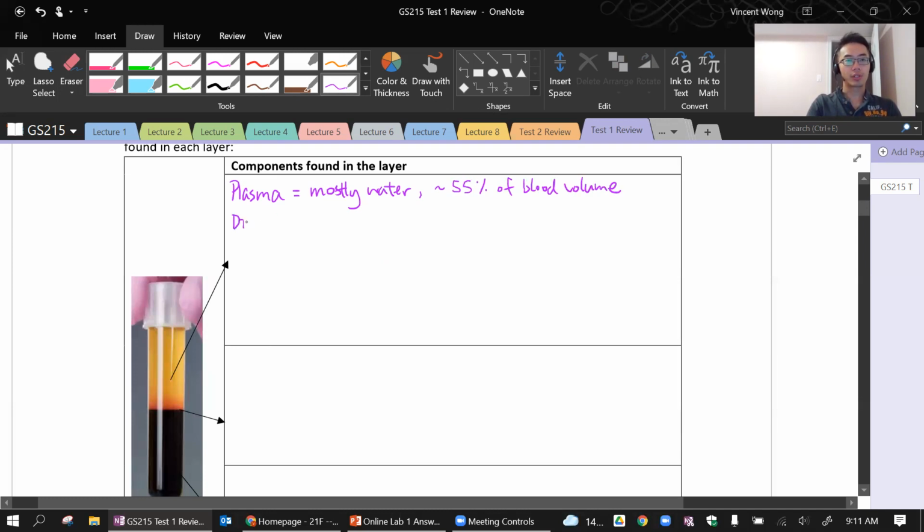So there are dissolved minerals, nutrients, and electrolytes. Okay, so like you might have some glucose, amino acids, right? Sodium, calcium, and so on and so forth.